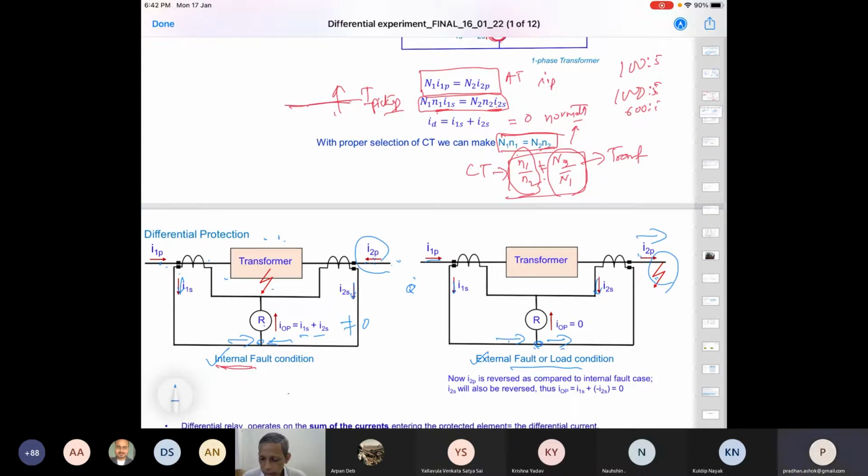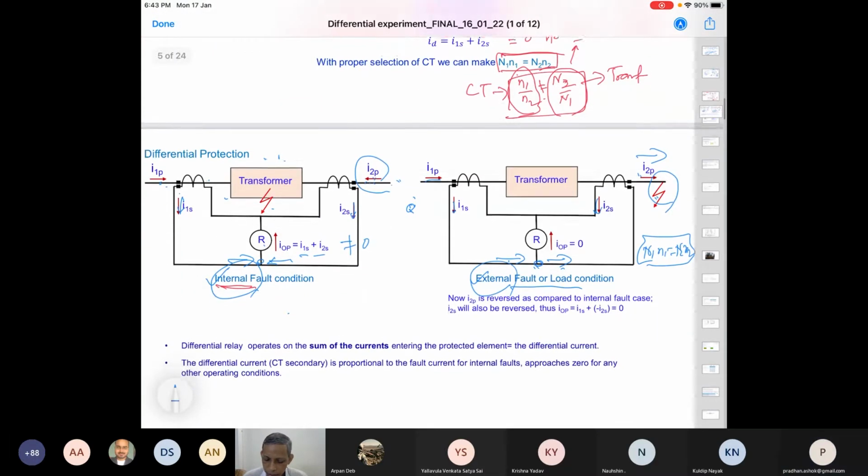When they will be the same, as I told, N1 equals N2, assuming this current will be zero. That is internal fault versus external fault. And that is what we call the normal differential principle.